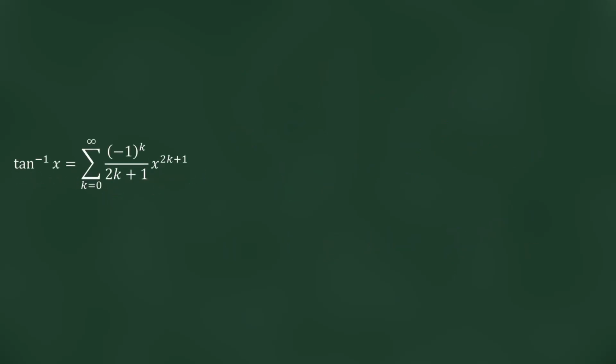All right, we've got one last example. Here we're going to look at the function f of x equals inverse tangent of x. And we're going to establish its Maclaurin series, but we're going to do this slightly differently than any of the others.